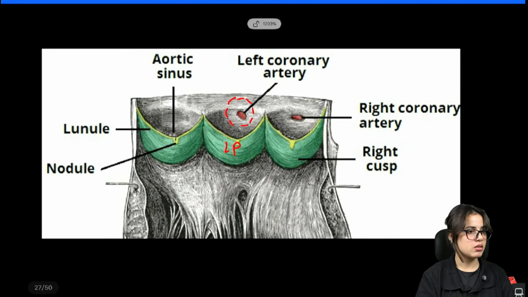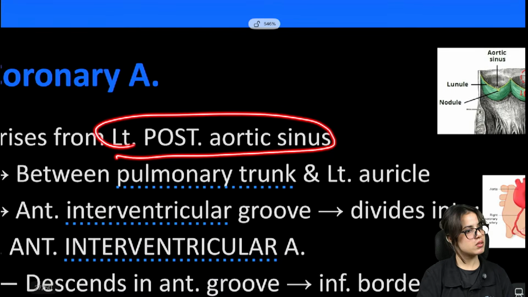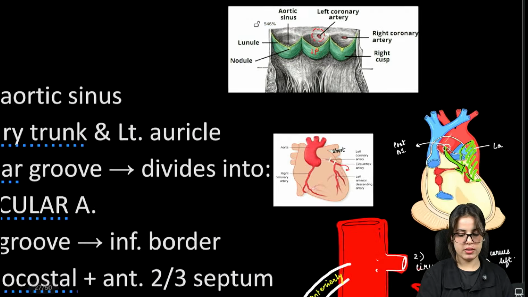Again, I've said coronary sinus, that's different. This is not coronary sinus, this is the aortic sinus from the start of the video. This posteriorly bulgy part is called the aortic sinus, and one of them, the left posterior one, offshoots into the left coronary artery. Okay, now let's read about this.